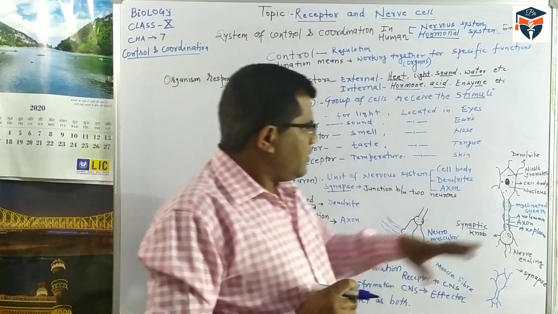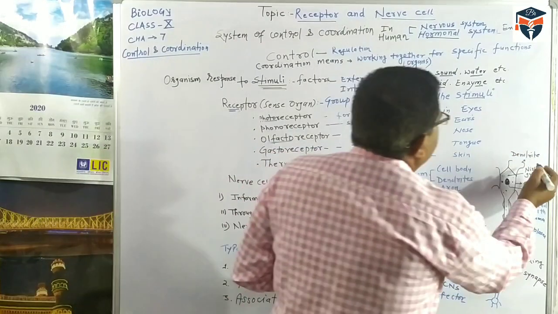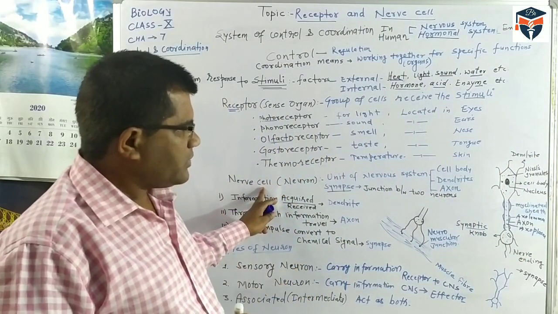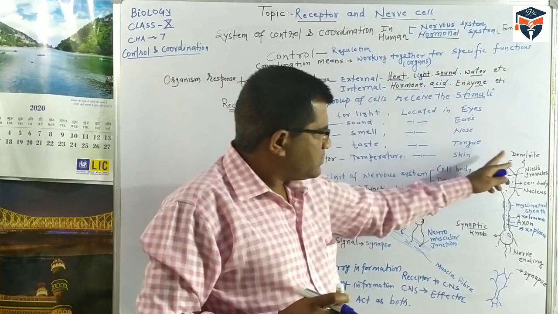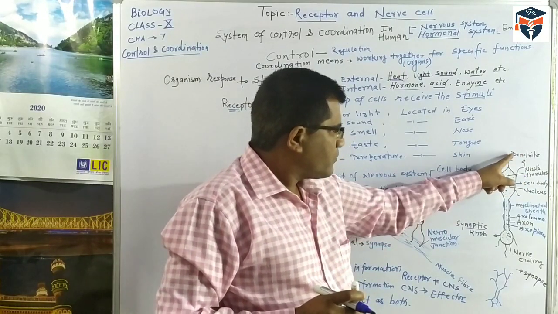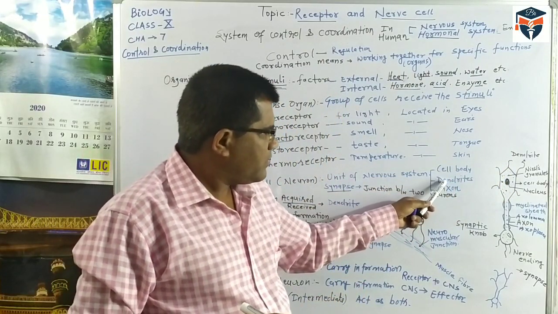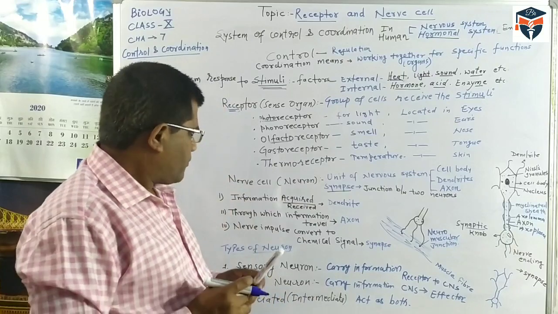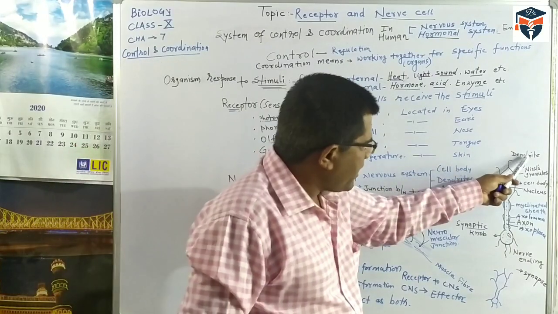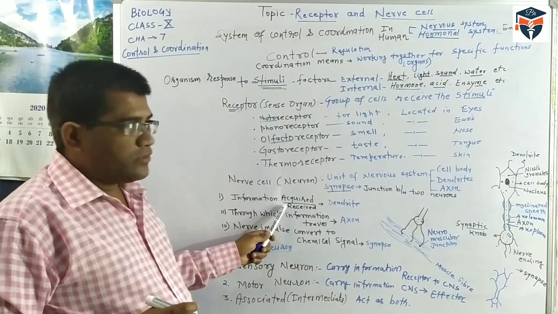So basically in this diagram we have to understand the function of the different parts of the neuron. For class 10 we have to understand the function of the different parts of the nerve cell: body, dendrites and axon. First, the dendrites: information is acquired or received.